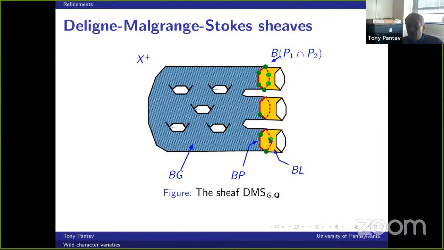On each of the yellow necks it is B of these reductive groups L that the irregular types gave me. On each of the arcs given by the anti-Stokes directions, it is B of a parabolic for G. And that parabolic is not arbitrary, it's a parabolic whose Levi is the given reductive subgroup L. And at each of the points which separate two of the arcs, you have to put B of the intersection of the two parabolics, the one corresponding to the left arc, the other corresponding to the right arc that comes into that point.